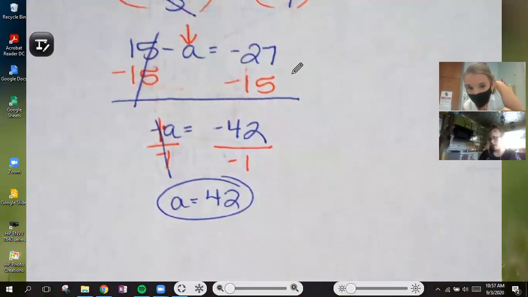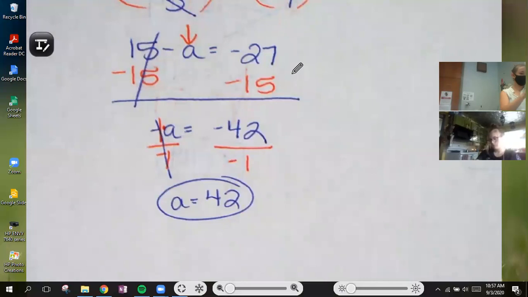Instead of minusing 15, I just added it so I didn't have to do the -1 in the end. I got 42 positive. That is the one. Did you send me a picture of it already? Okay, I'll look and see how you did it to make sure that that will work every time.